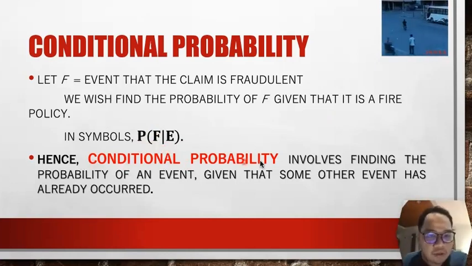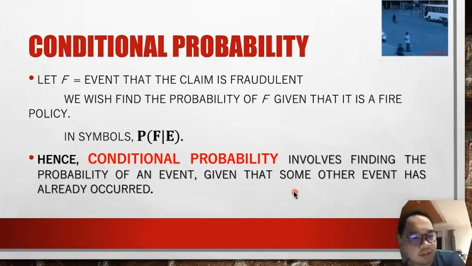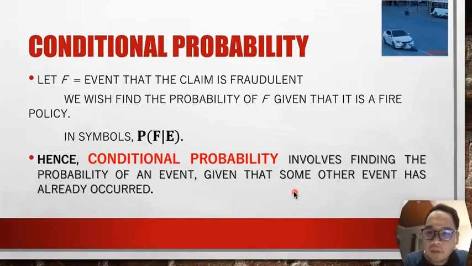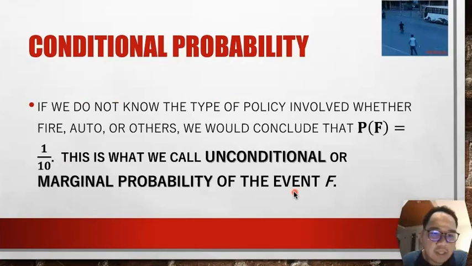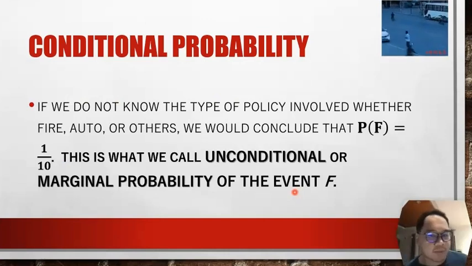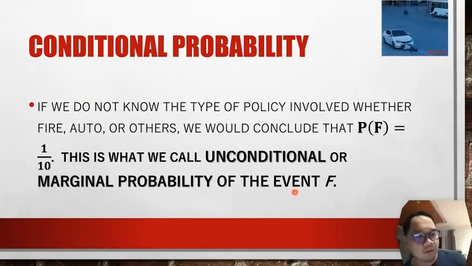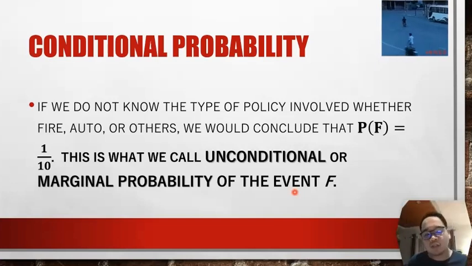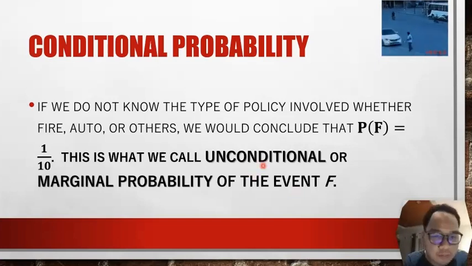Hence, conditional probability involves finding the probability of an event given that there is another circumstance or another event that has already occurred. If we do not use conditional probability in this manner, we are actually involving all the types of claims in this situation. So it may be fire, auto, or others. This is what we call unconditional probability or marginal probability.